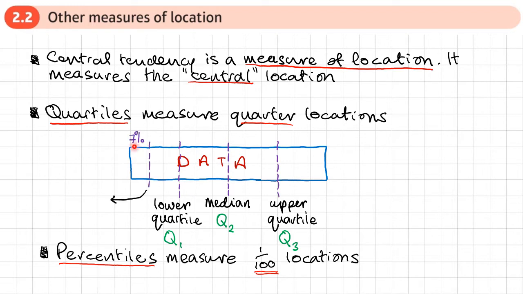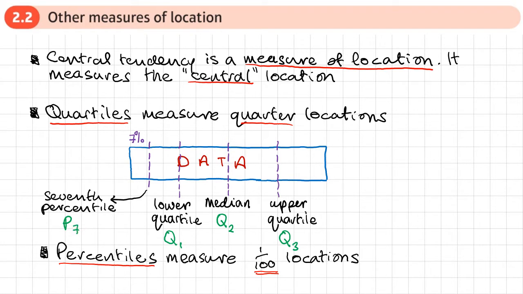Let's say, for example, I was looking at a piece of data. I want to measure what's going on 7% of the way through our data. I've just chosen that. Then we would call this the 7th percentile, and we'd write that as P with a little 7. So this can be anywhere from P0 all the way up to P99.